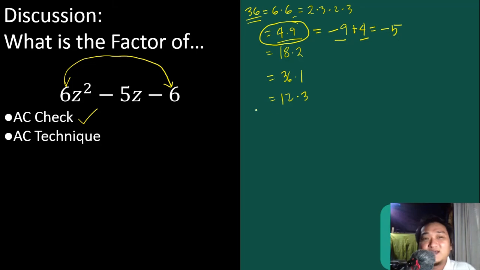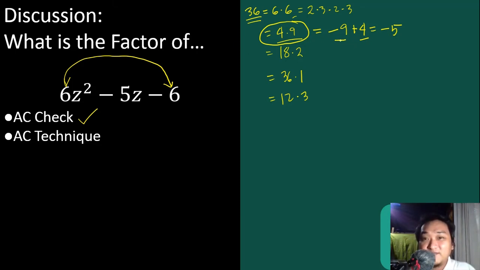Okay? So, let us just have a recap. For 36, we took its possible factors. Where did we get them? From its prime factors. We listed them one by one. Then, we chose two factors that will result to negative 5.